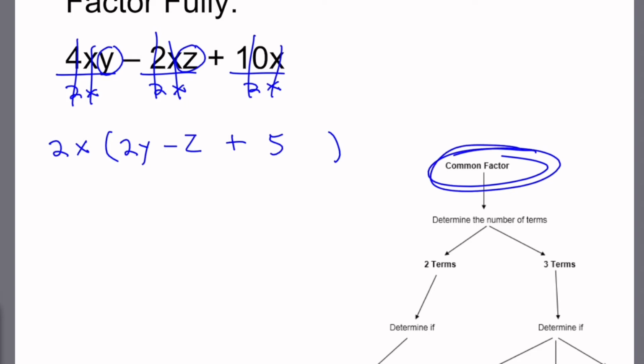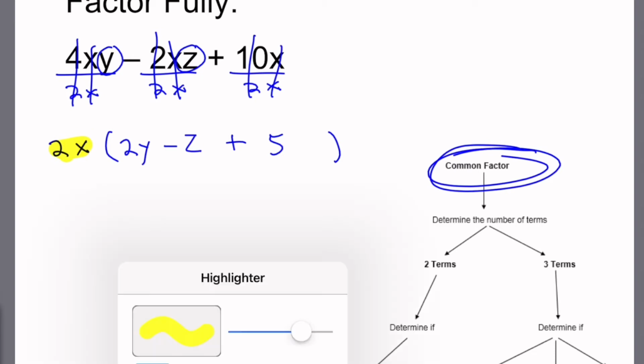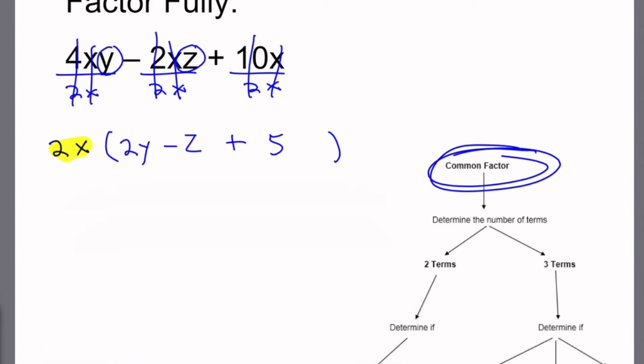We did step 1. So now we can never do anything with the outside term. That's as far as it gets. But inside we have 3 terms here, right? 2y minus z plus 5. So we have to ask ourselves, is this going to be a perfect square trinomial, a simple trinomial, or a complex trinomial? And the answer is no, because right off the bat, none of our variables are the same, which is an issue, and there's no variable that is squared, right?